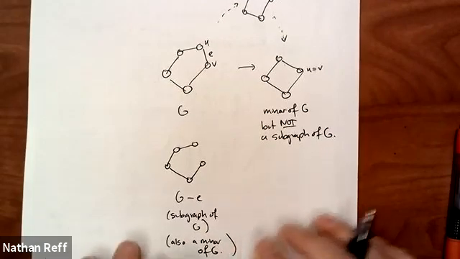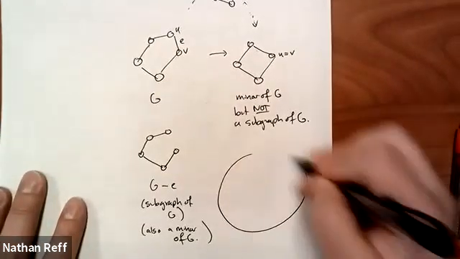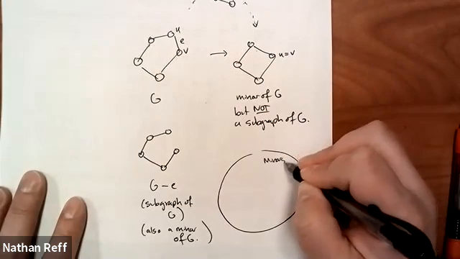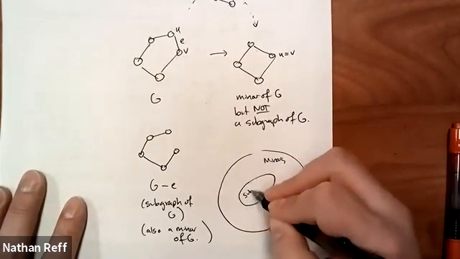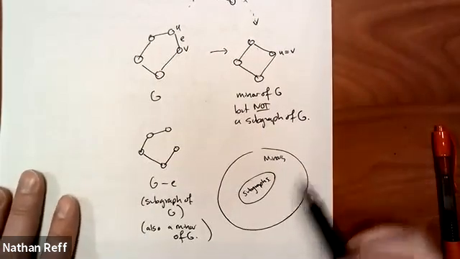So does everyone see that minors are sort of a larger structure? All subgraphs should be minors, right? Because a subgraph can be obtained by deletions, but not all minors are subgraphs. Does that make sense? So if you like Venn diagrams. We okay with that?